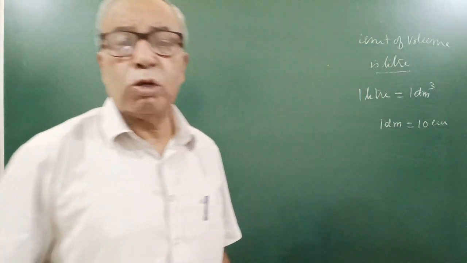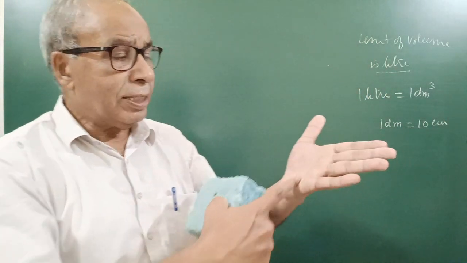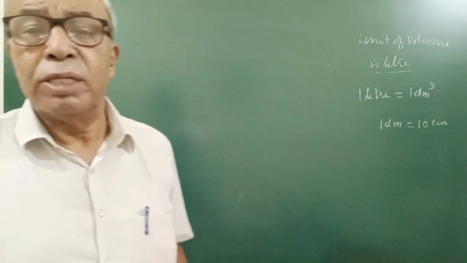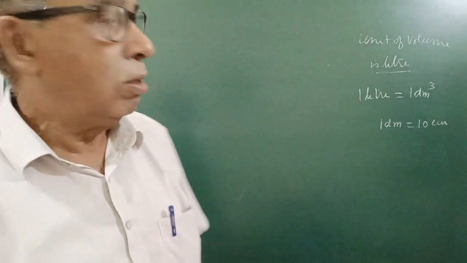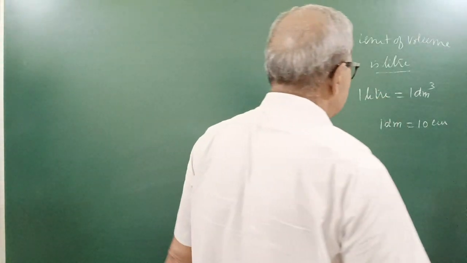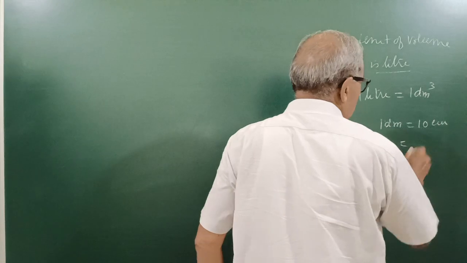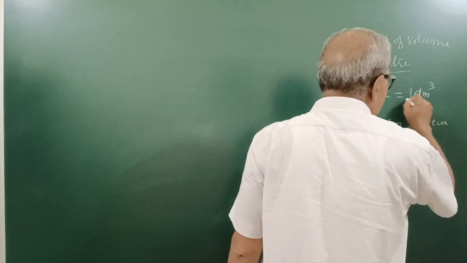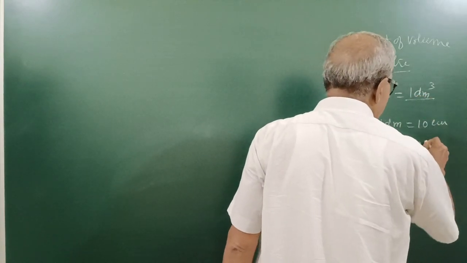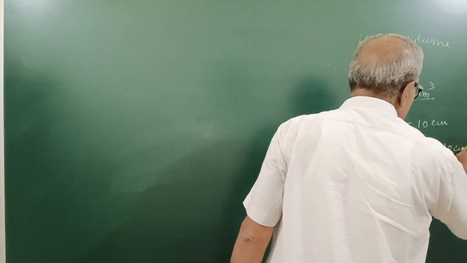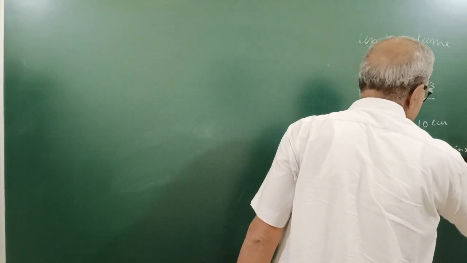So if we have a cube of length 10 centimeter, breadth 10 centimeter, height 10 centimeter, then the volume of that container will be 1 liter. And therefore 1 liter is equal to 1 decimeter cube, means 10 centimeter into 10 centimeter into 10 centimeter.